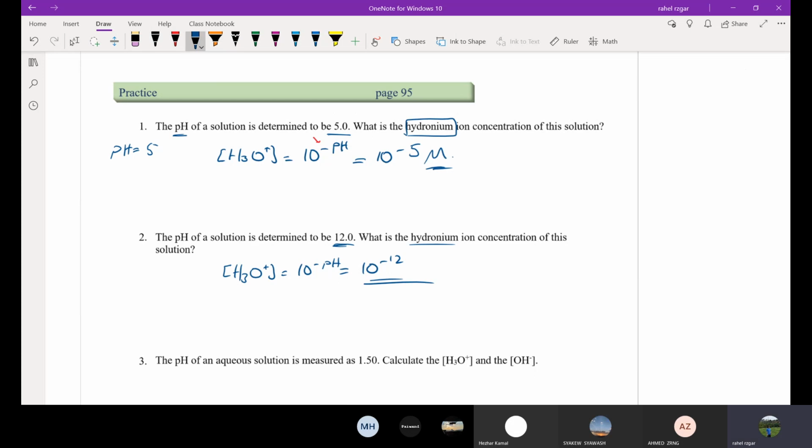But these questions are actually for whole numbers. These are the whole numbers. That's why they are very, very easy. You don't even need calculators.